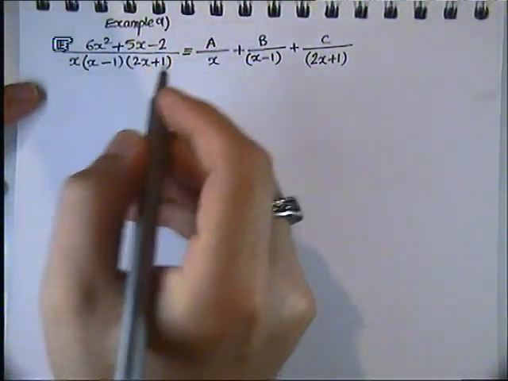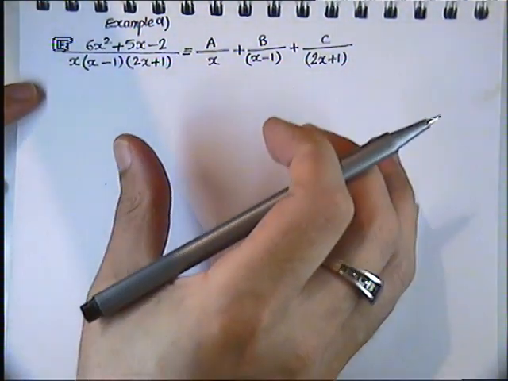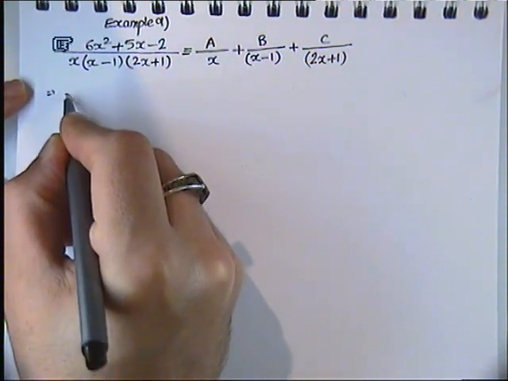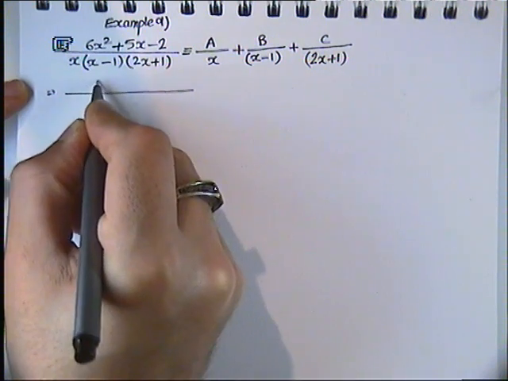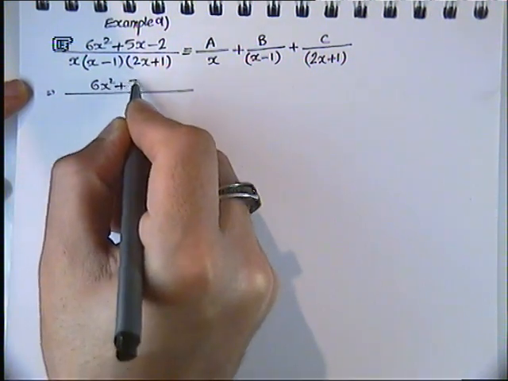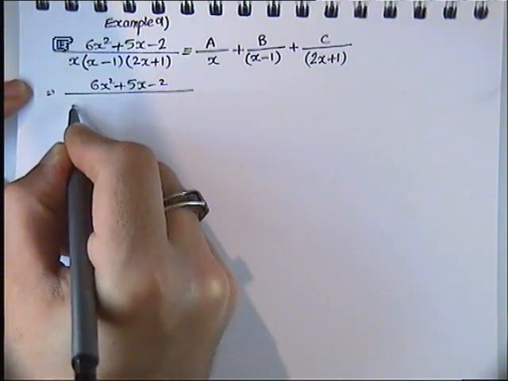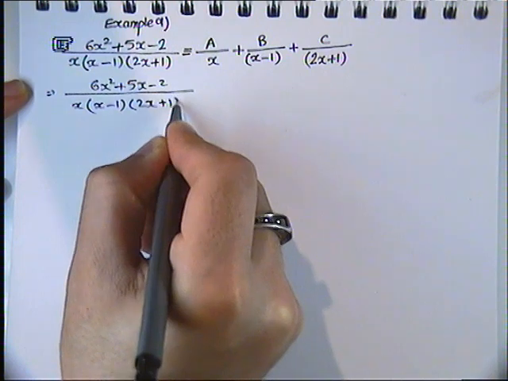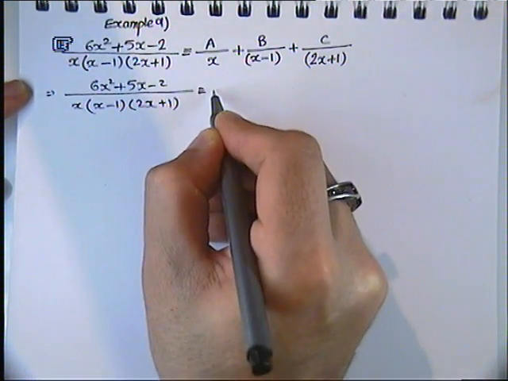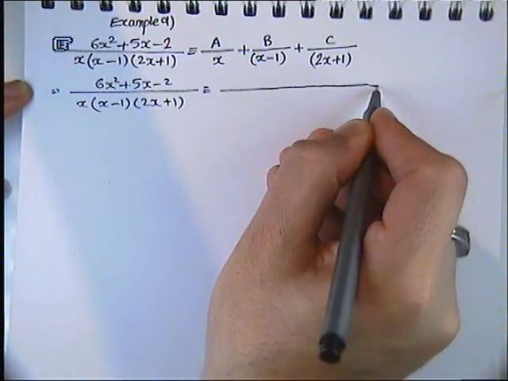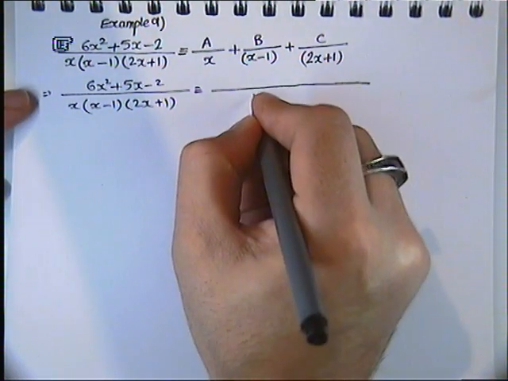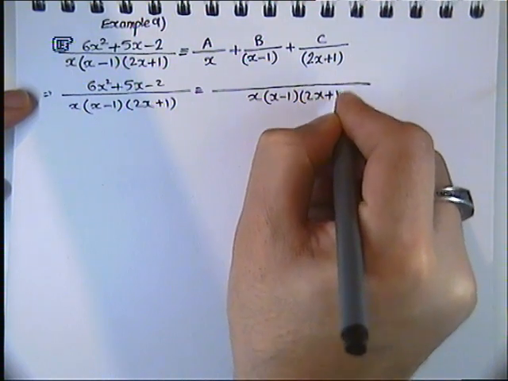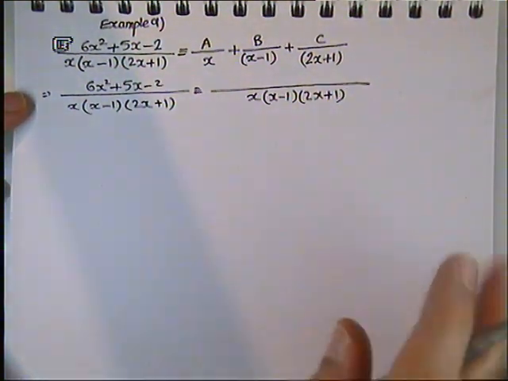So I could write it down: 6x squared add 5x minus 2 all over x times (x minus 1) times (2x plus 1) is identical to, let's convert all of this into one fraction. x times (x minus 1) times (2x plus 1) is the common denominator.